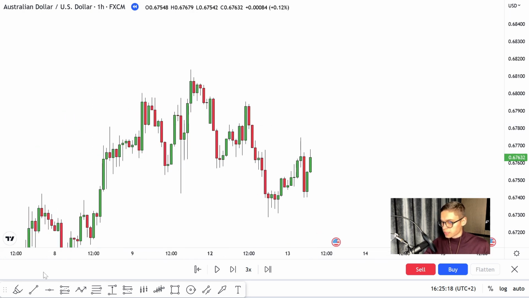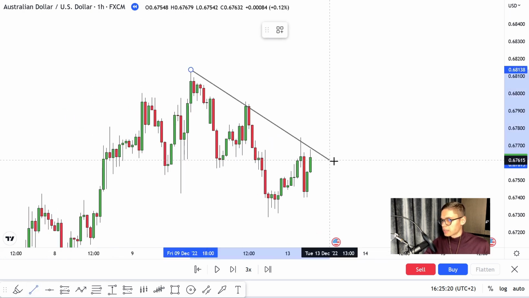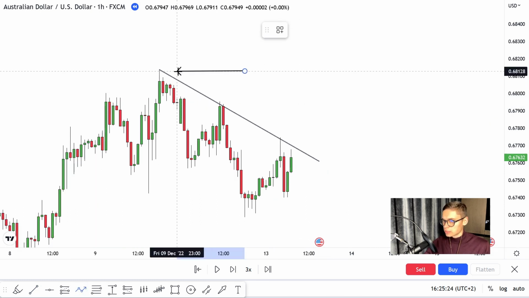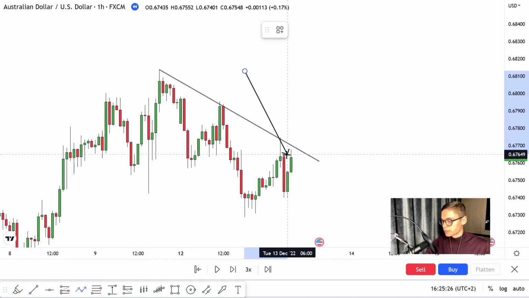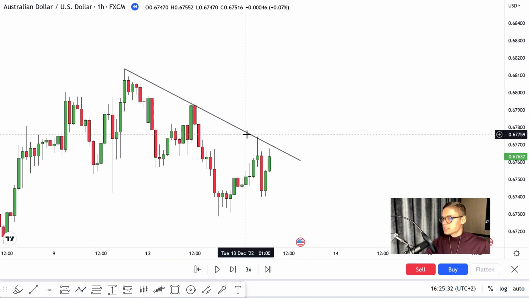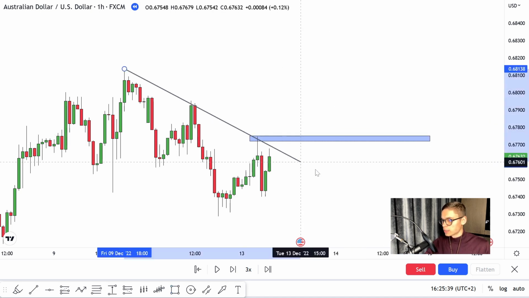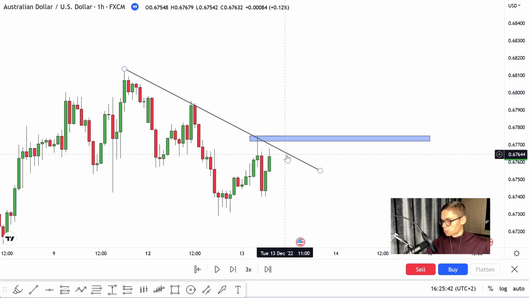So the first thing that you do is mark a trend line, then count the touches. So we have one touch, we have a second touch, we have the third touch over here. Then anticipate the trend line to break. Over here what you need to do is, as we talked before, mark a level so you know when this trend line is broken and when the price will also break the previous trend.